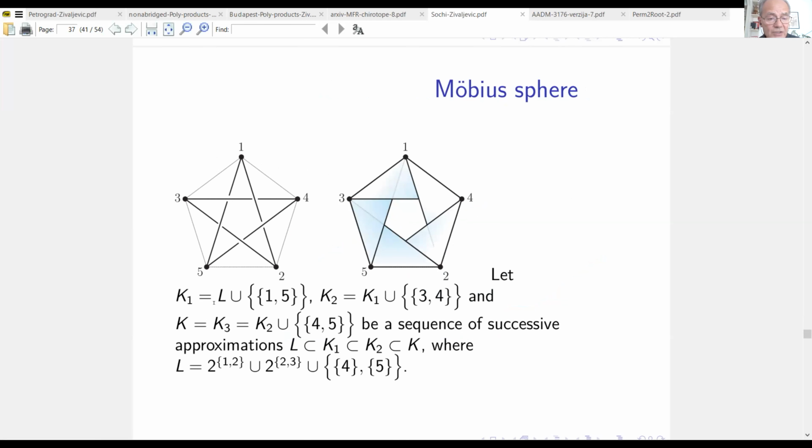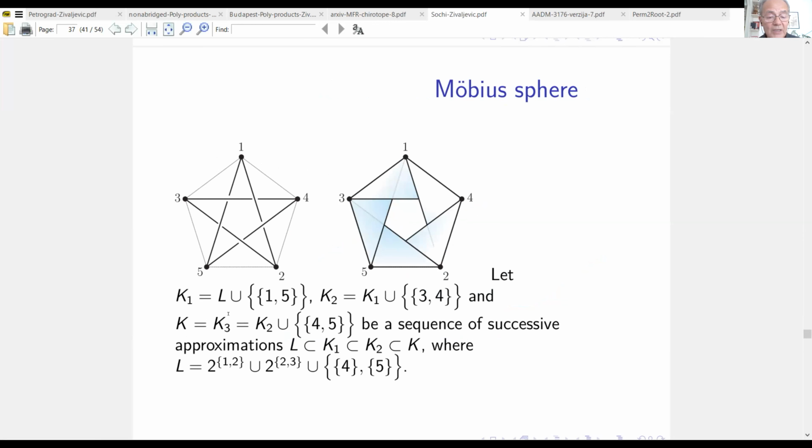And then we add edges. Initially we had 1, 2, 3. Now we add 1, 5, and obtain a larger complex K1. Add again 3, 4, we obtain K2. And finally, when we add the 4, 5 edge, we obtain a full cycle.